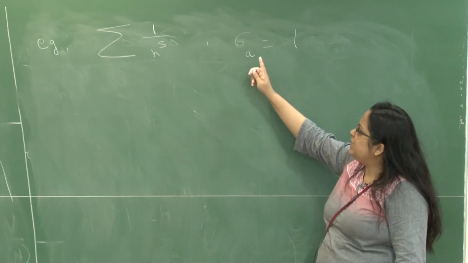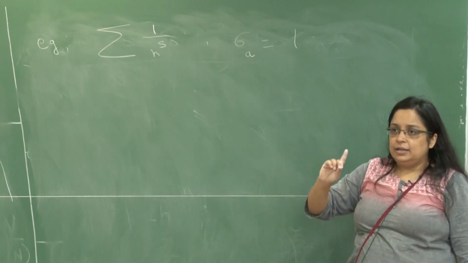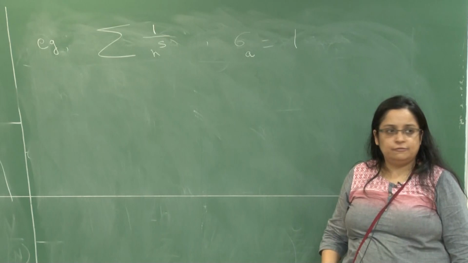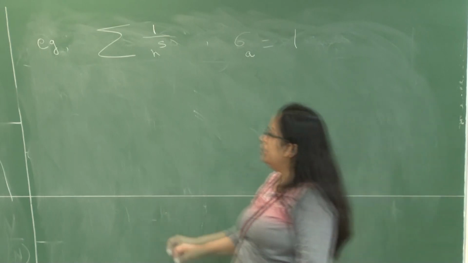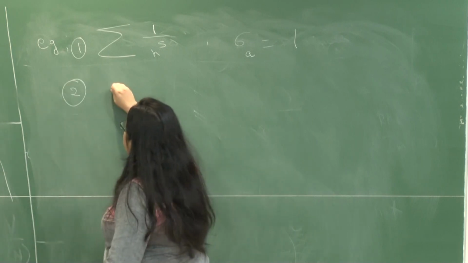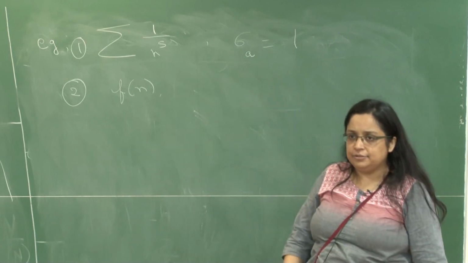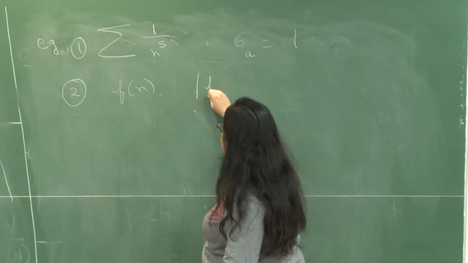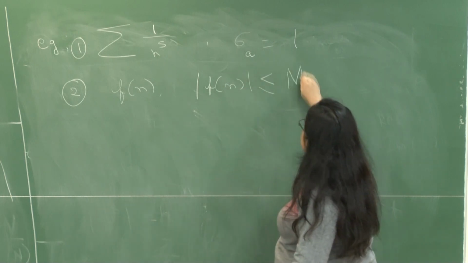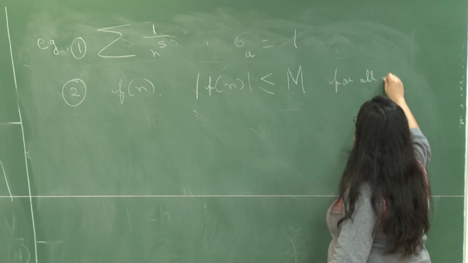Sometimes you need not know exactly what sigma sub a is, but it is enough to know a lower bound for sigma sub a or an upper bound. Okay. So, for example, next, suppose I have some function f of n. It can take complex values, but we know that absolute f of n is less than or equal to some m for all n.